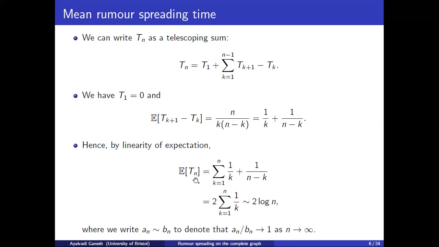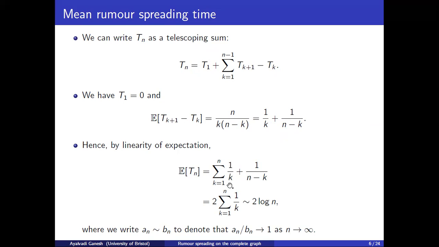So the expectation of Tn is the sum from 1 to n minus 1 of these expectations, and substituting, I get the sum of 1 over k plus 1 over (n minus k). If you look at this series, these two series are exactly the same.